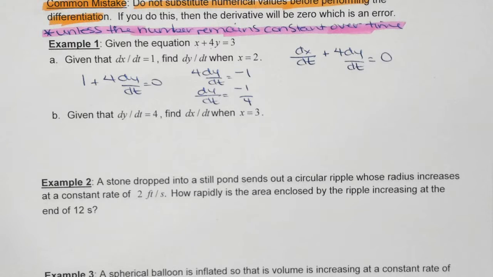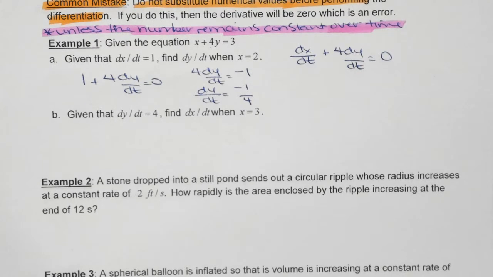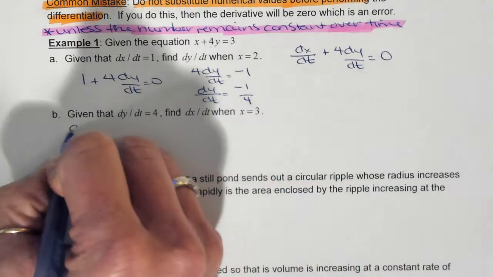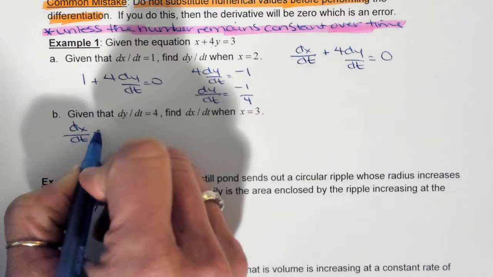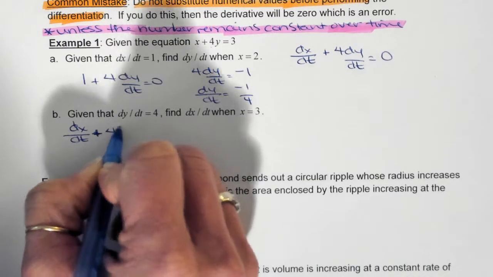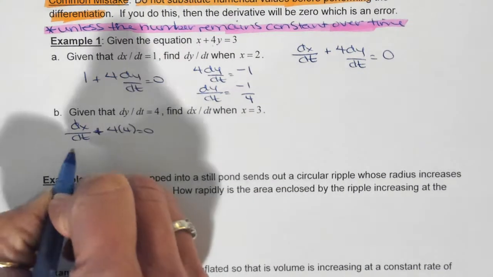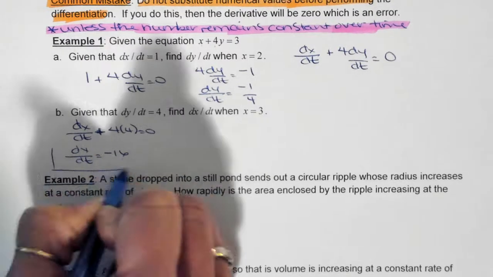Using our same equation and derivative, given that dy/dt is 4, we want to find dx/dt when x is 3. Again, can I do anything with x? No, in this case I cannot. So we're going to plug in what we know, and we're still using this derivative. So dx/dt plus 4 times 4 is equal to 0. What's dx/dt? Negative 16.